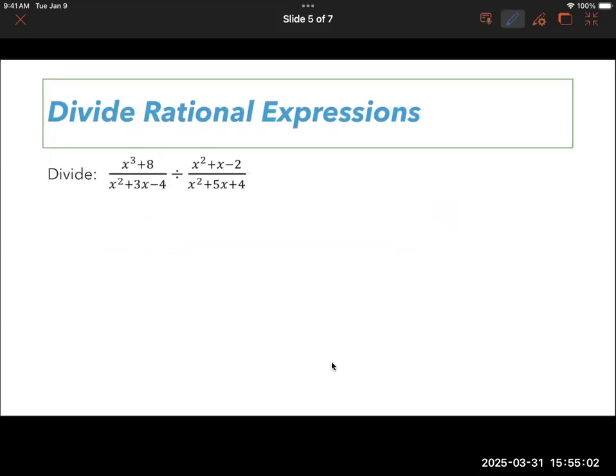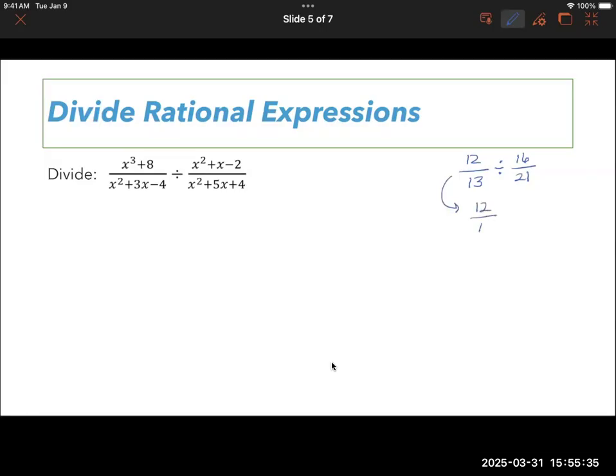All right, what about division? Well, again, think about what we do with division of fractions. If I have a fraction like 12 over 13, and we're going to divide that by 16 over 21, what we usually do is actually change the division into multiplication.